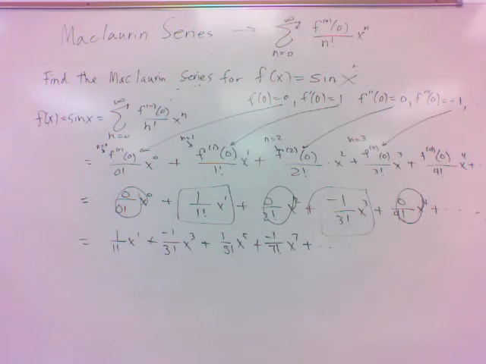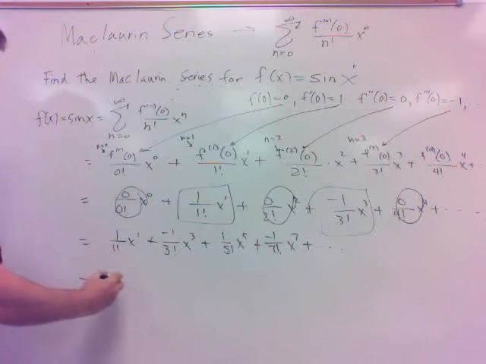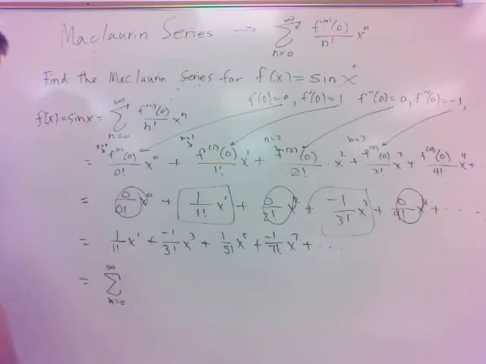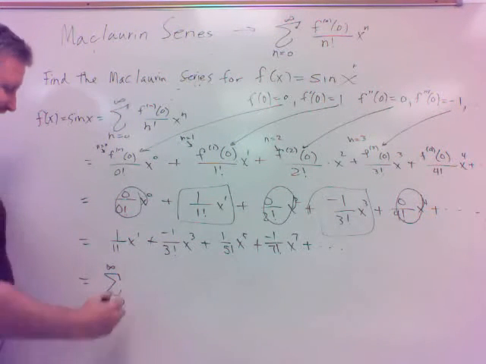Okay, so how are we going to do that? Well, turns out if we want to restart here, let's say we go back to n equals 0 to infinity. However, all that's left are the odd terms. Well, I can do that with a little expression we like to call 2n plus 1.